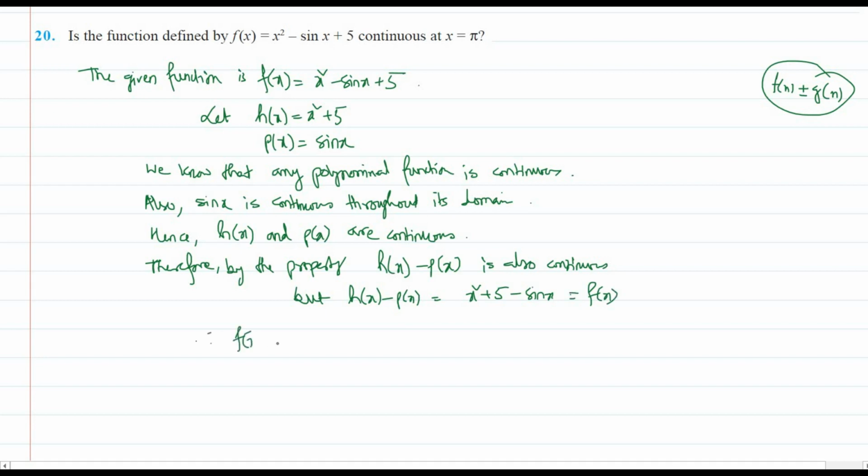So therefore f of x is continuous at x equal to pi, because it is continuous for all x belongs to the real number. So this was a shortcut way. You can use this because this has been taught to us. So I think you have no problem up to this.